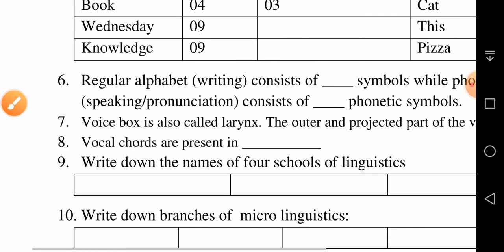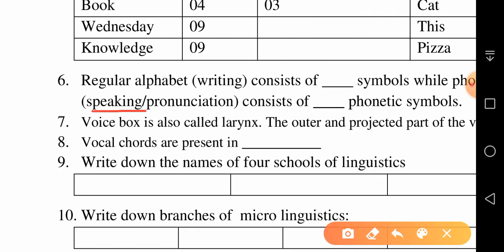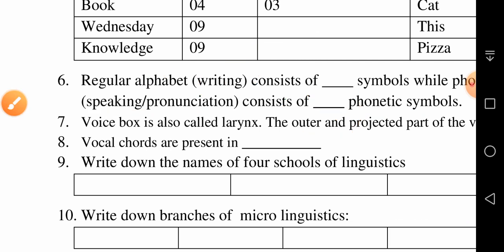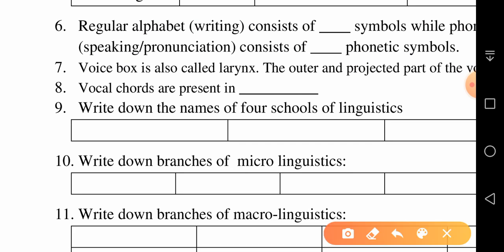It is also known as the speaking or pronunciation system. It consists of 44 phonetic symbols, which are also known as IPA, International Phonetic Alphabet.